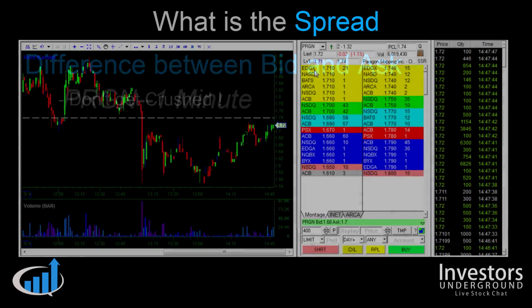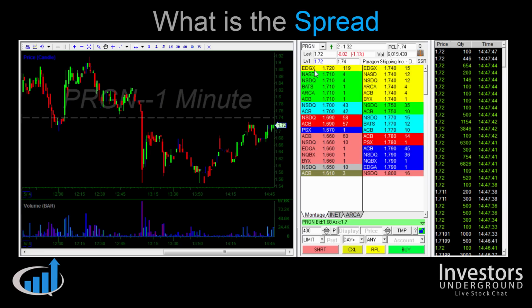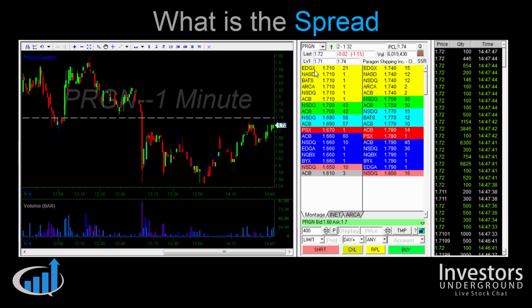So in this example here, you can see that the best bid is $1.71 and the cheapest offer is $1.74. This changes all the time, but stocks that have more volume have a tighter spread because there are many more people looking to buy and sell at any given time. You can see the spread here changing as people are looking to move in or out.